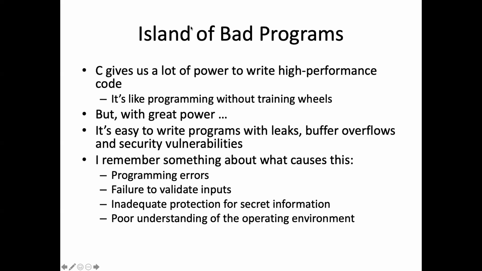I'll say those last three show up in any implementation language. If you fail to validate user inputs, or always assume they're going to be valid, that can leave vulnerabilities in a Java program just about as easily as in a C program.